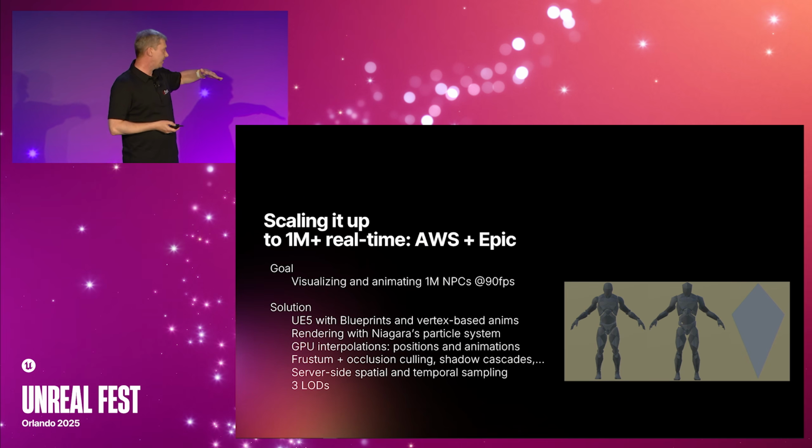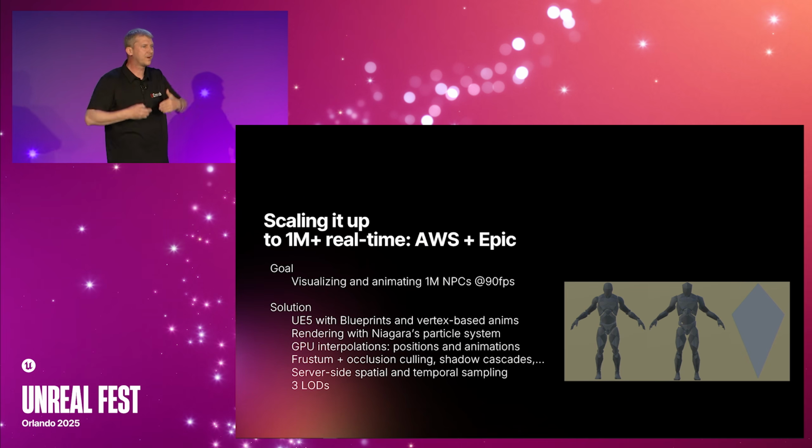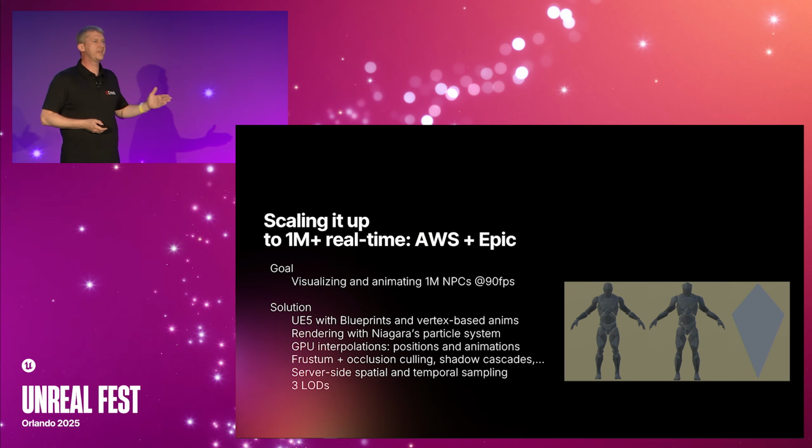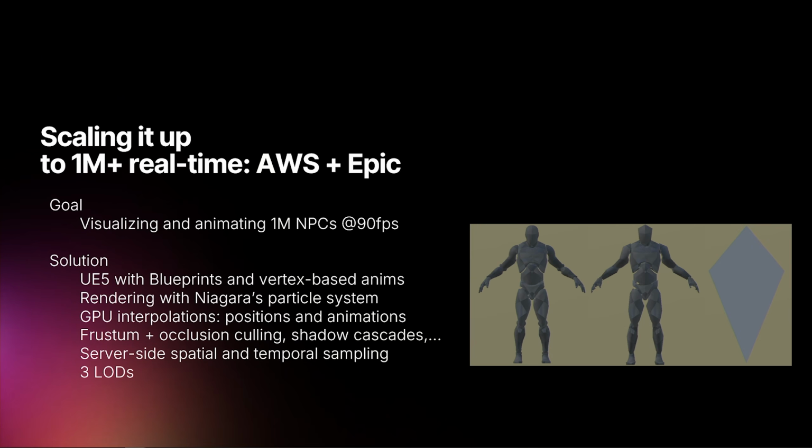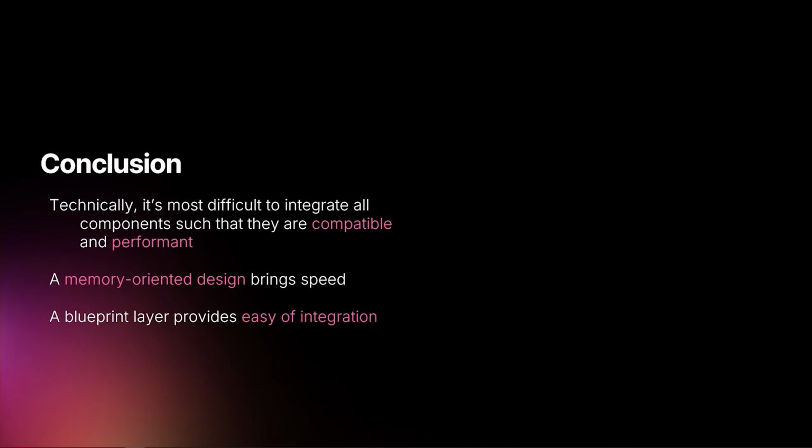For characters that are very far away from the camera, we are only updating them, being sent over the network to a local machine, once per second or so. And with these compression techniques, you can have 1 million visible entities at 90 Hertz, 4K in real time. So it's doable.